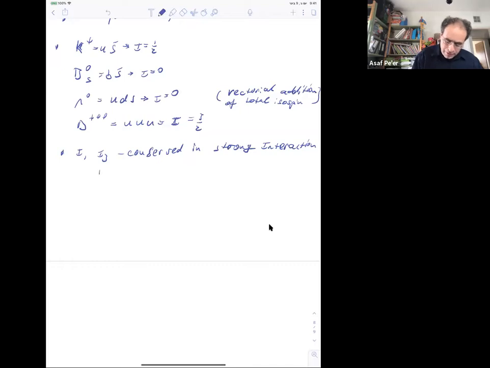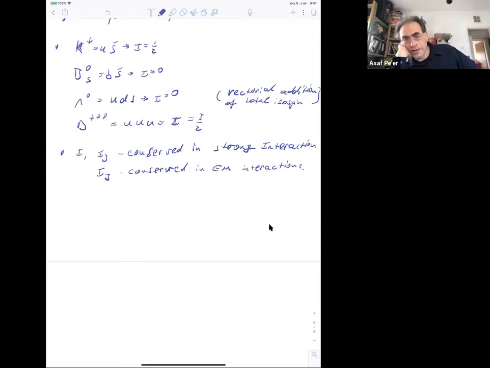I3 is also conserved in electromagnetic interaction. And we're actually going to use this to analyze the probability of certain processes. Now, just as a comment, there is another symmetry which is called the weak isospin. I'm not going to say anything about this symmetry.